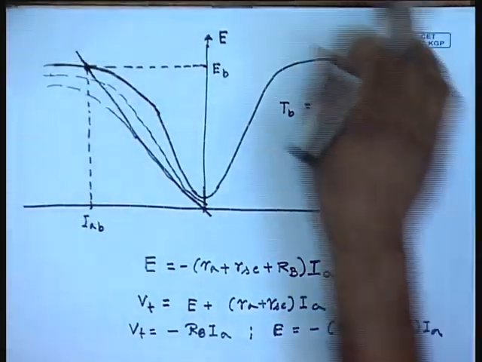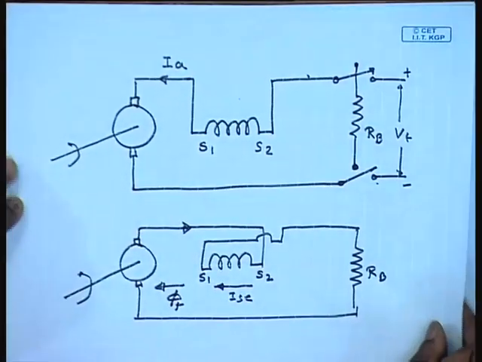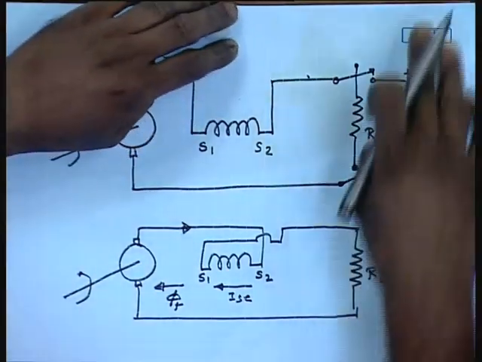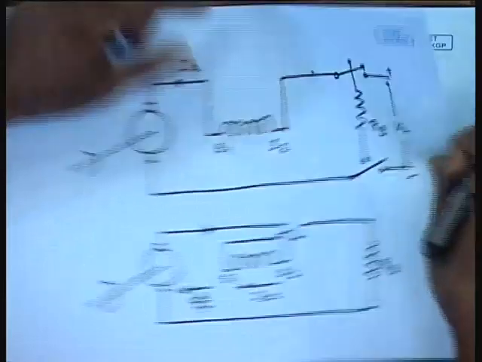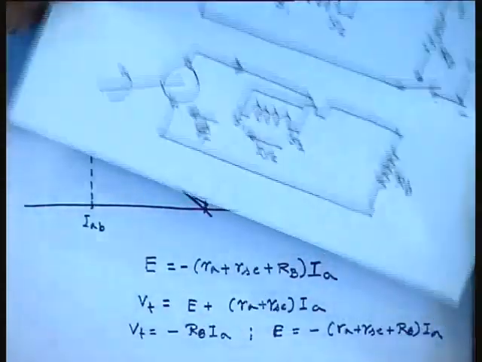So there should be a method for varying the braking resistance as the machine slows down. This can be done with the help of a chopper, as we will see.